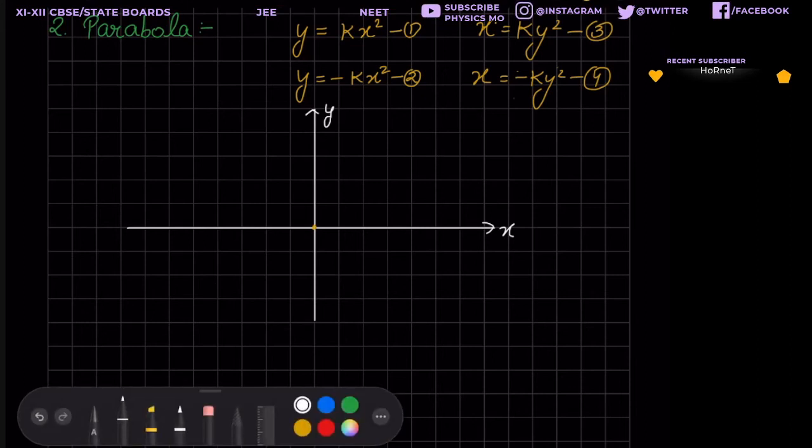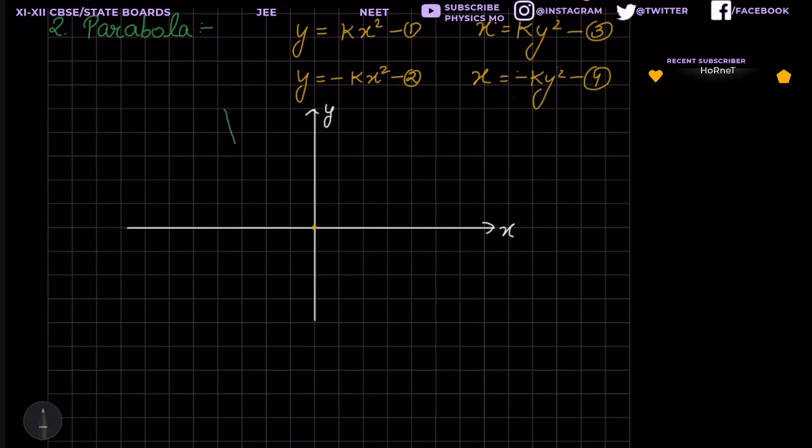For example, if you draw the first one, which is y is equals to kx square, the shape you will get will be of the form something like this. This is called a parabola, क्योंकि y की तरफ open था because y linear था.